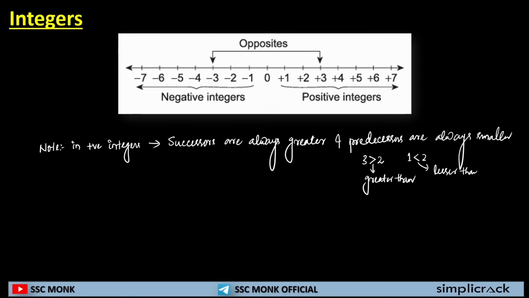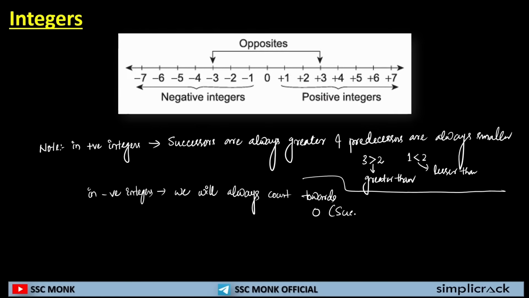Now, if I talk about this in the case of negative integers, you need to understand that in negative integers, you can't say minus 5 is greater than minus 4. In negative integers, we will always count towards 0.